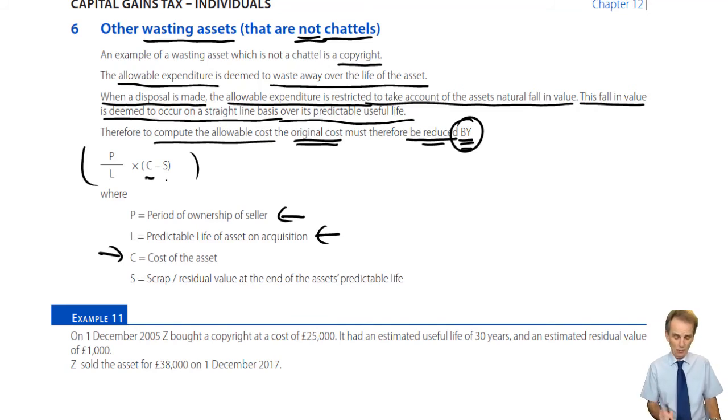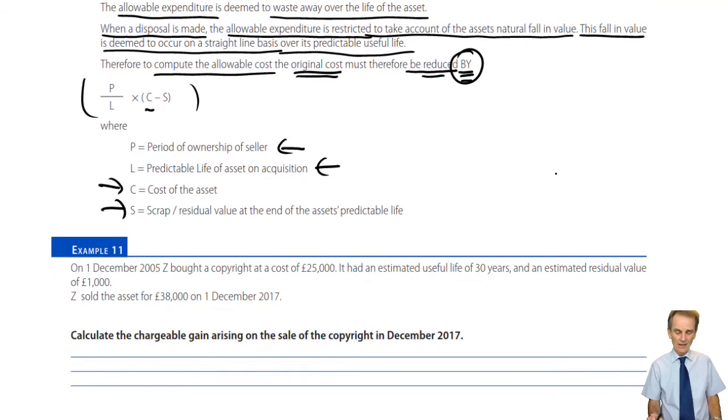But if there were any, less any scrap value at the end of the asset's predictable life, any residual value that might exist for this asset. Now again, I repeat, this is the reduction that you apply to the original cost figure.